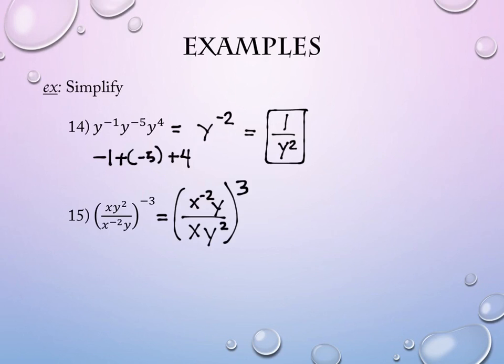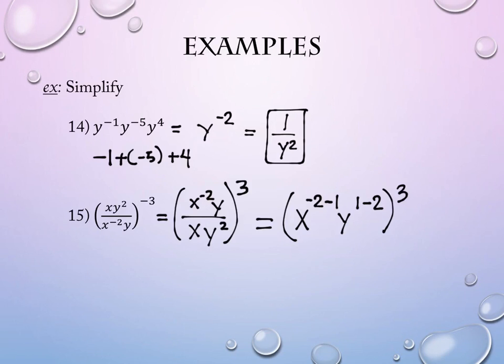So I would suggest at this point we consolidate the fact that we have x's on top and x's on bottom. I have on top x to the negative 2 minus the one on bottom, which is negative 1, right? Subtract the 1 that's there. And then I have a y, and on top it's a 1, and on bottom it is 2, so it's 1 minus 2.